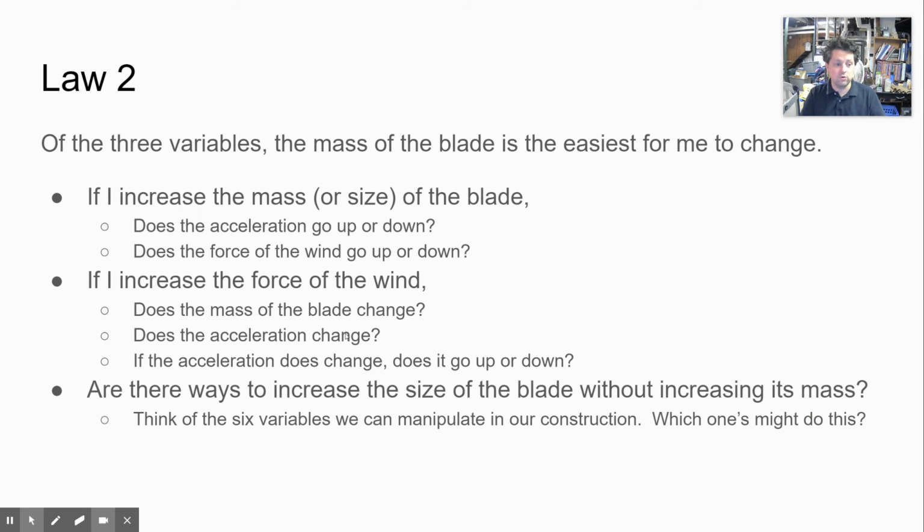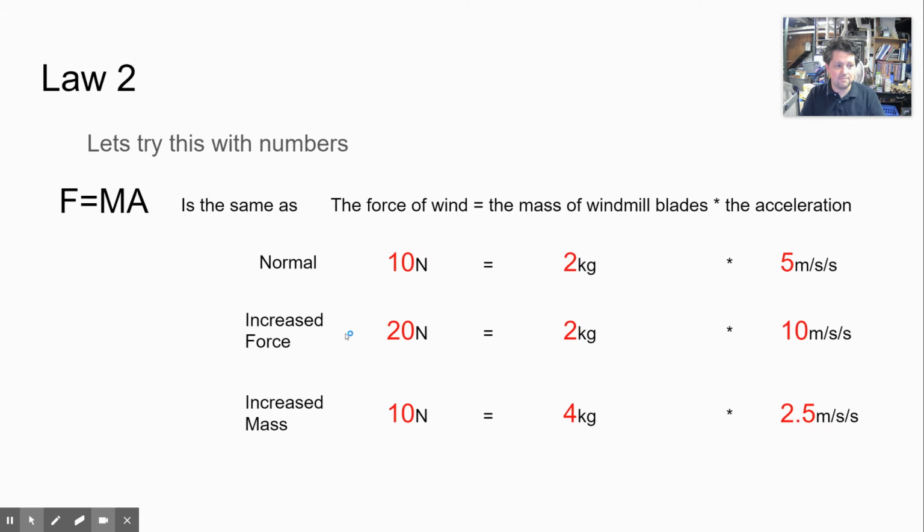If I could somehow harness the wind in more strength and get more of the wind, that would go up to 20 newtons. Let's say I could somehow make my windmill bigger and I could catch more of the wind. Now there's more wind force pushing on my windmill. And if the mass has stayed the same somehow, that would double my acceleration.